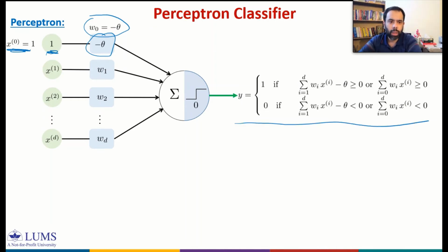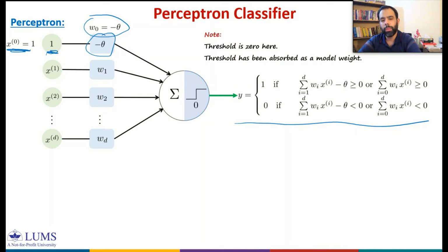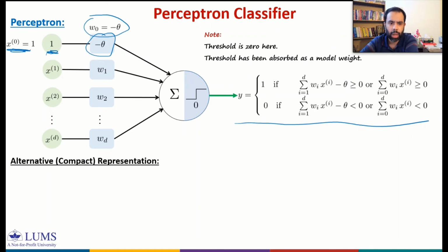The threshold is 0 here, or we can say the threshold has been absorbed as a model weight. It's an alternative representation, or the mostly used representation, and we will encounter this while studying neural networks. An alternative, more compact representation is also followed in the literature, and we will also use it from this point onwards.